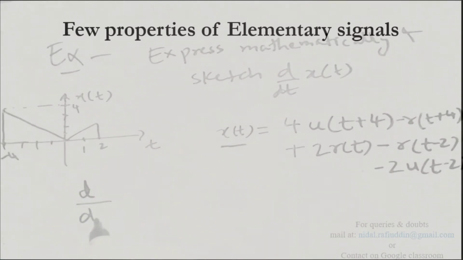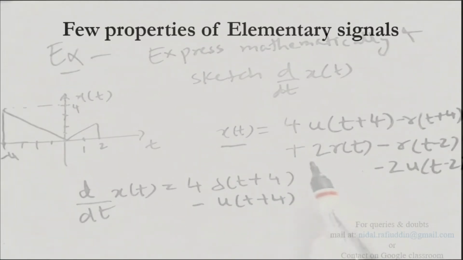So d/dt of x(t) can be written as: 4 times d/dt of u(t+4) is 4 delta(t+4), minus d/dt of r(t+4) is u(t+4), plus d/dt of r(t) is u(t), minus u(t-2), minus 2 delta(t-2).